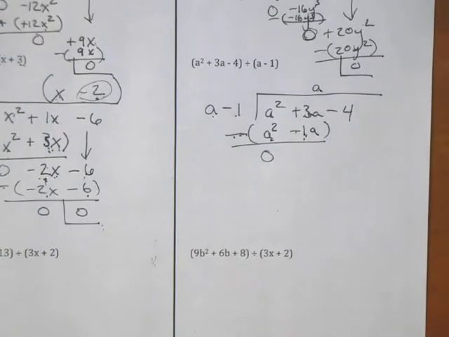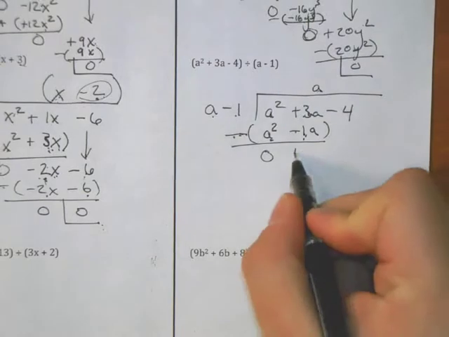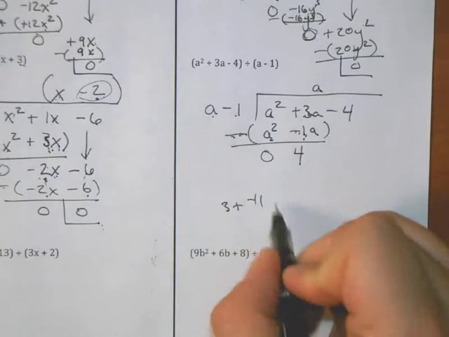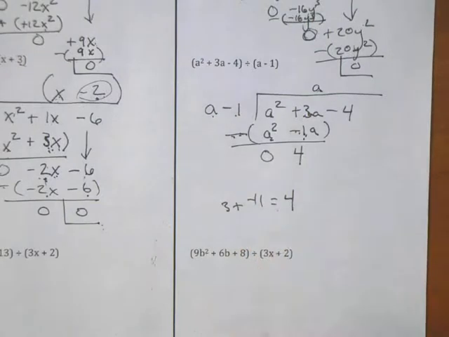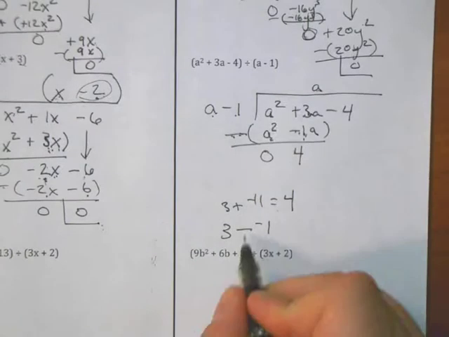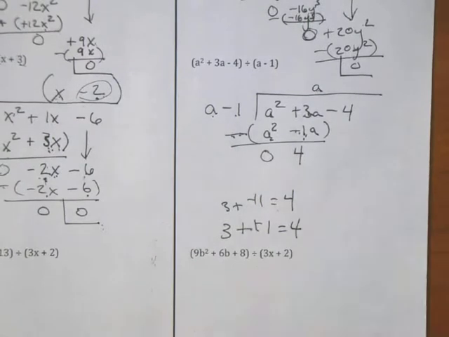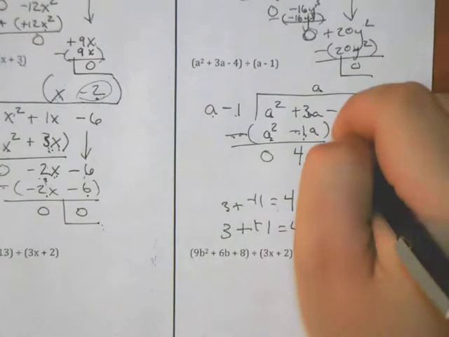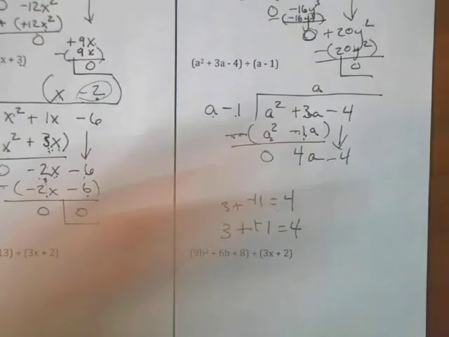You need to know how to subtract negatives. 3 minus negative 1: minus a negative is plus a positive. That's 4, and an a. Bring down minus 4.